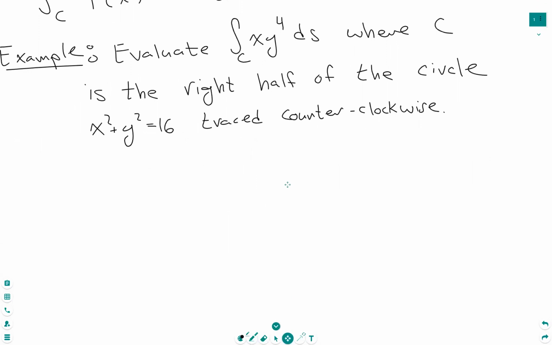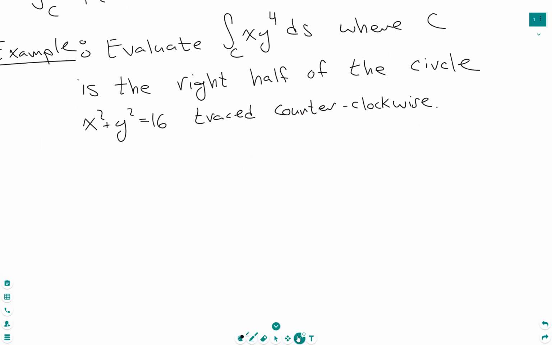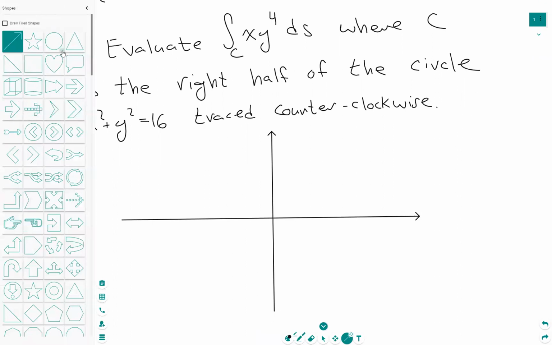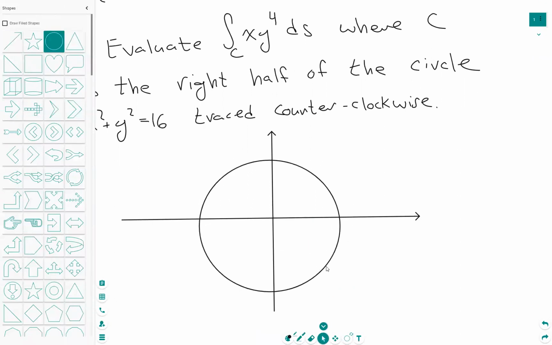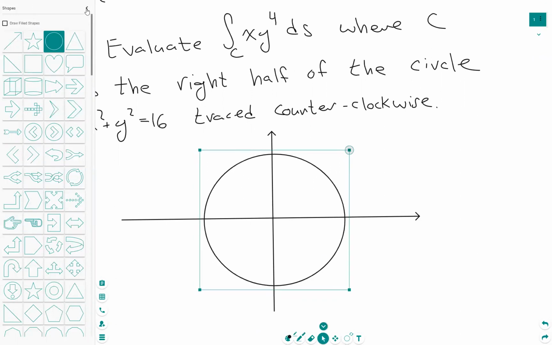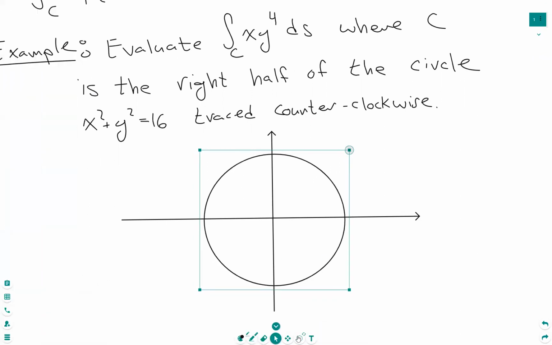Okay, so let's first draw out what C looks like. What does our path look like here? Let's go ahead and draw a circle centered at the origin. And we said that we're only interested in the right half.